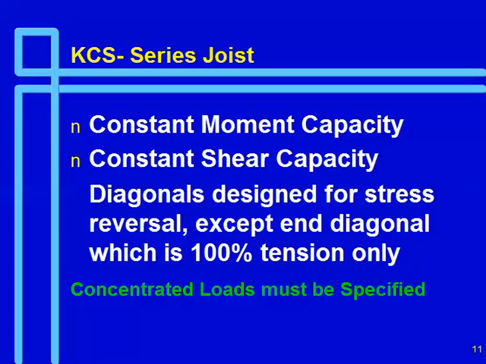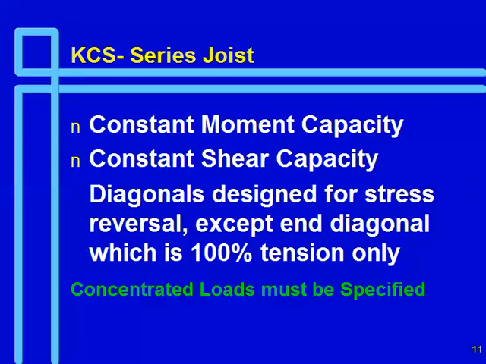The solution with KCS-Series joists, I think all of you probably know what a KCS-Series is by now. It's been out, I don't know, what, 10 years? But it's a special joist that you can specify. It falls under SJI. It has a constant moment capacity along its whole length, so it's like a beam, and it has a constant shear capacity.